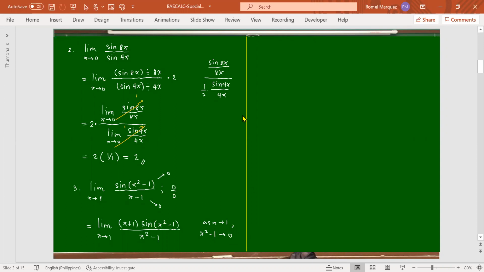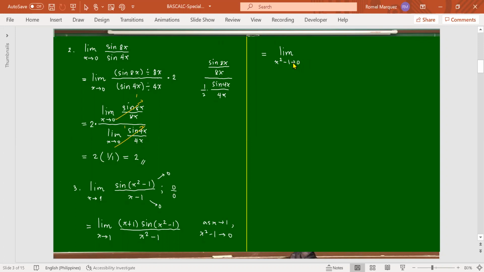0. So therefore, this limit, I can rewrite, or equivalently, I can write that as limit as x squared minus 1 approaches 0 of sine of x squared minus 1 over x squared minus 1, times limit of x plus 1 over... Pwede kong gawing ganyan yung limit, parehas lang naman sila ng behavior. Para lang pumareho sa format natin ng formula.